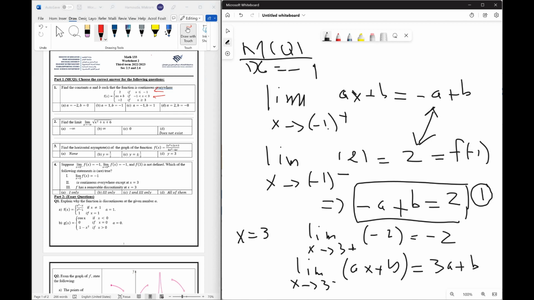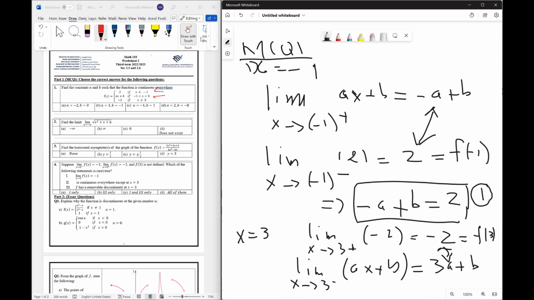And we need to make these two limits equal. And of course, here the -2 is the value of f at the point 3. So the continuity is guaranteed when we take the equality between 3a plus b and -2.